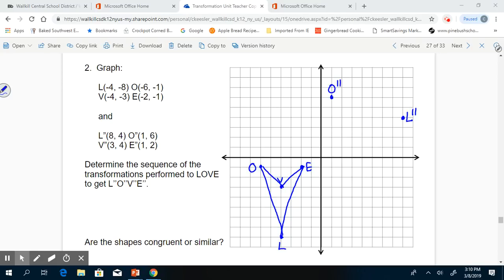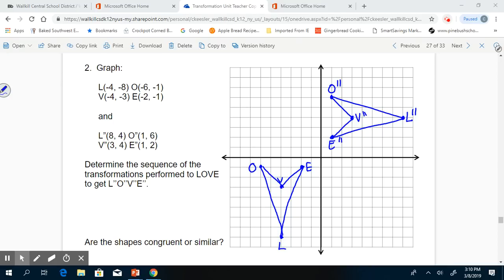V double prime is at 3, 4, so right 3 and up 4. And E double prime is at 1, 2, so right 1 and up 2. Connect your points. Showing exactly the same figure, just in a different position, exactly the same size and shape, which proves to us that this is going to be a congruent statement as well.